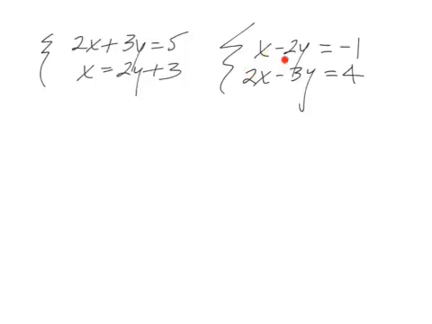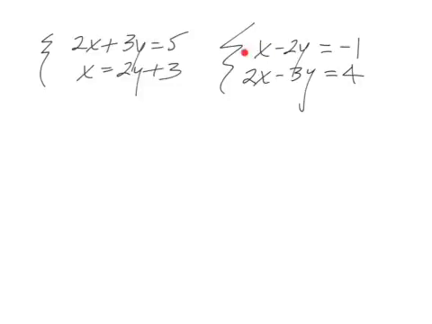So what this lesson has to do with is taking one of these equations and rearranging the numbers so that one of the variables is alone on one side of the equal sign so that we can substitute 2y plus 3 in here. So we're going to look at this one here, and we're going to say, okay, which of these variables is the simplest? Ideally, we're looking for the variable that has no coefficient, no number in front of it.